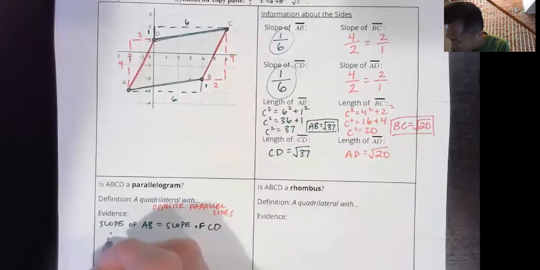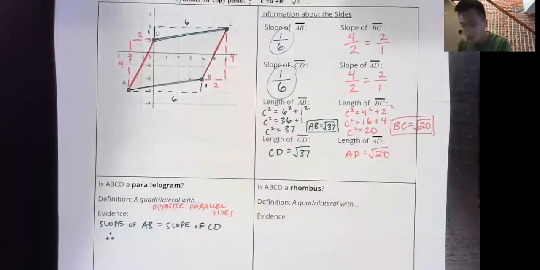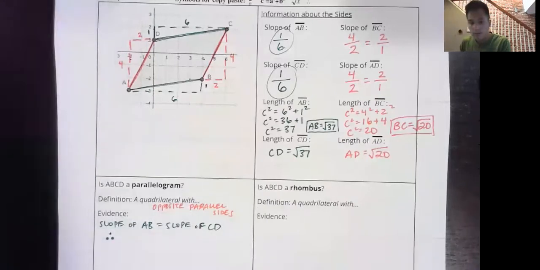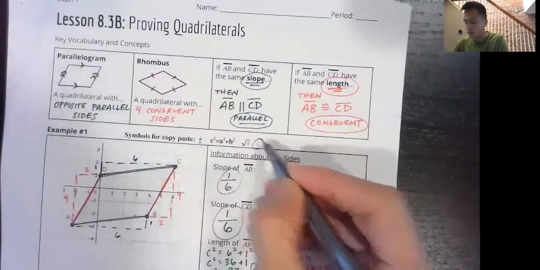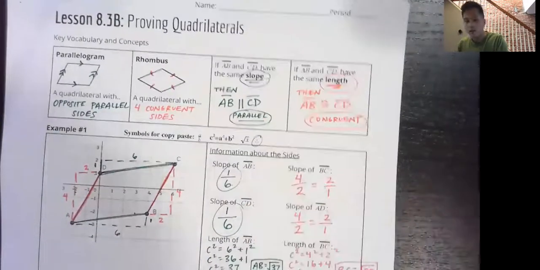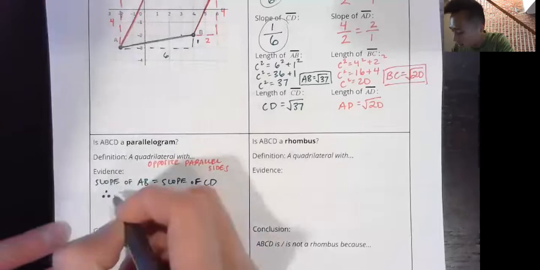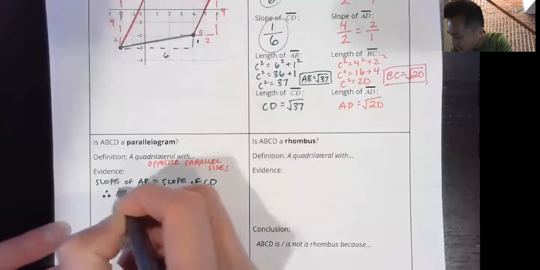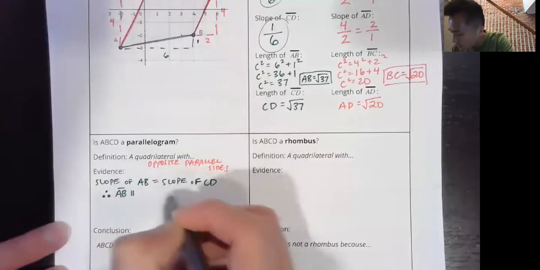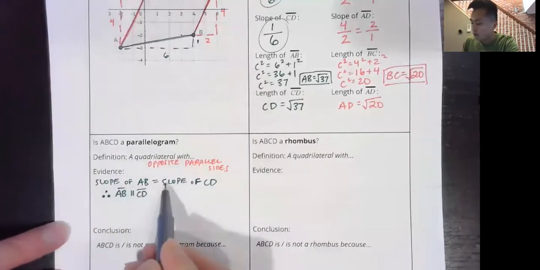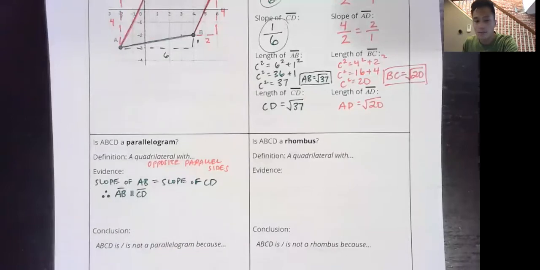Therefore, and this is the mathematical symbol for therefore, it's these 3 little dots. If you're using the computer, I've left that symbol for you right here. You can copy and paste that. And if you're doing it by hand, go ahead and use that symbol for therefore. It saves you some time. Therefore, I know that side AB is parallel to side CD, right? Because I've proven that the slopes are the same.